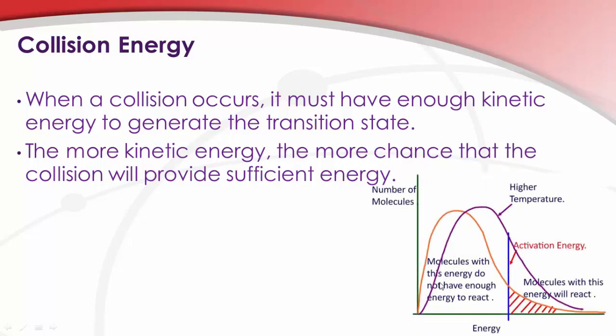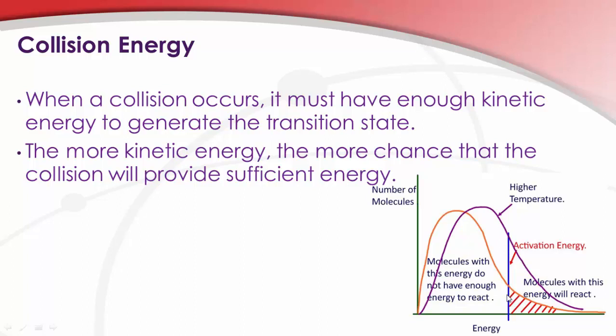So this is a little bit of a busy picture here. But in red, we have a histogram with the number of molecules possessing a given amount of energy. This blue line denotes the activation energy, the energy that's required to have a productive collision.